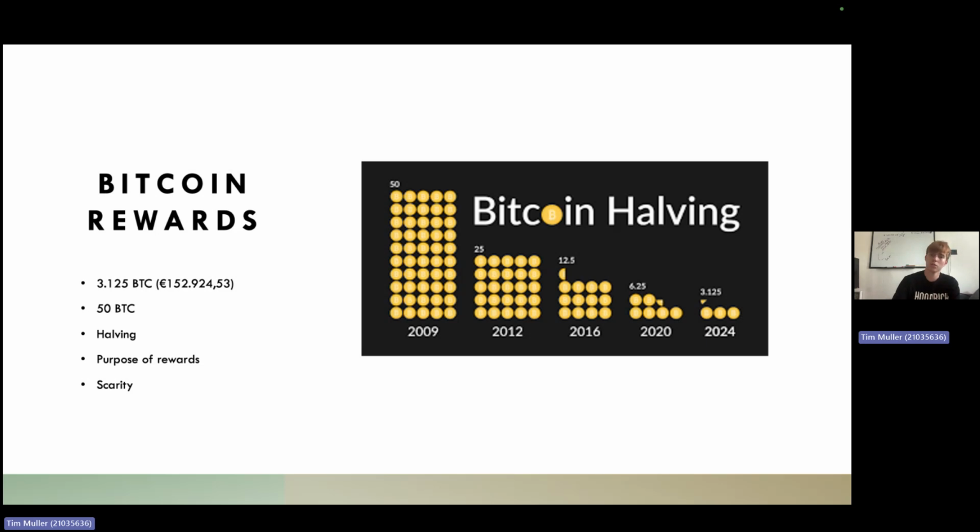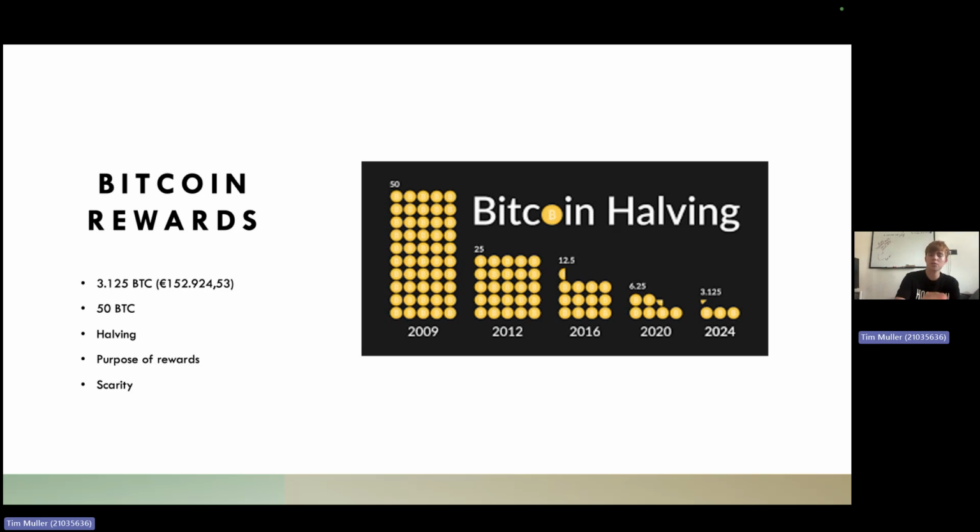If we look back to 2009, the reward for Bitcoin mining was 50 Bitcoins. Imagine the amount you would have by now if you had held all the Bitcoin. But after all these years, Bitcoin has introduced Bitcoin halvings.